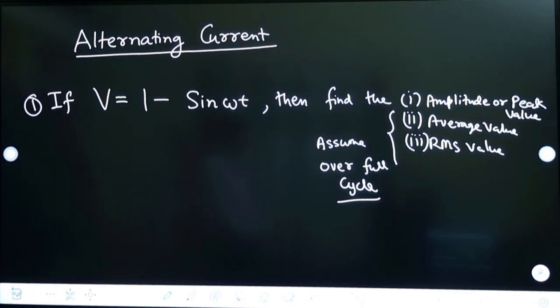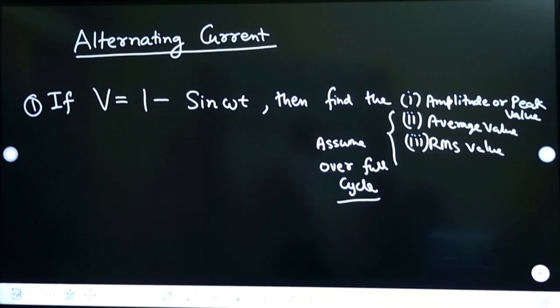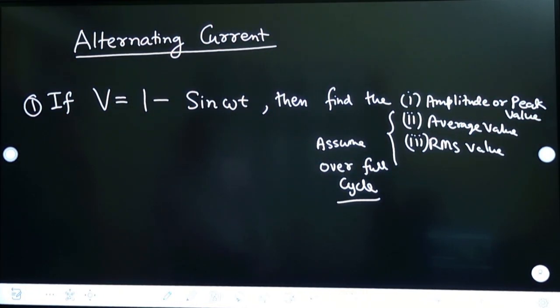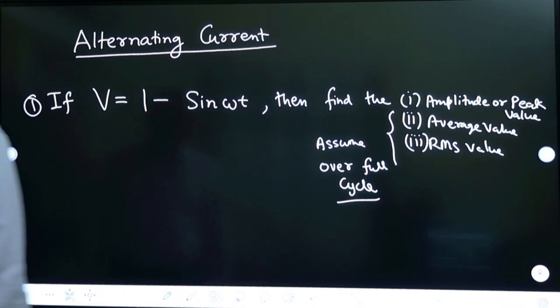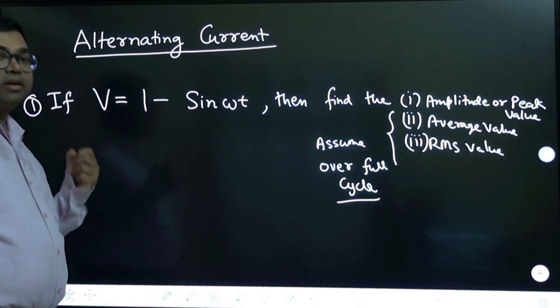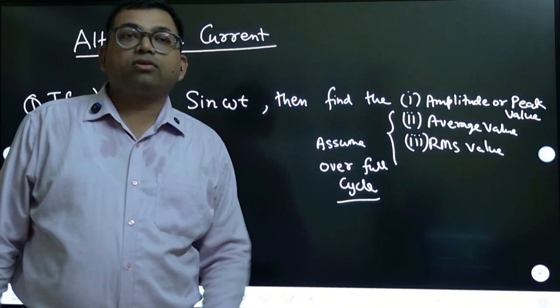Anyone? 1 minus sine omega t. What is the maximum value of this?